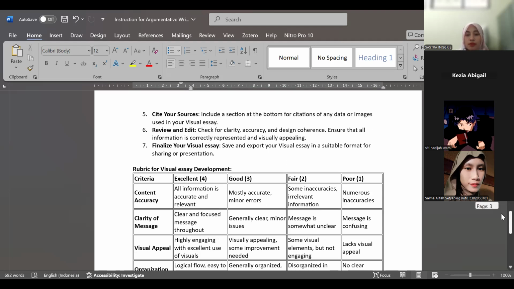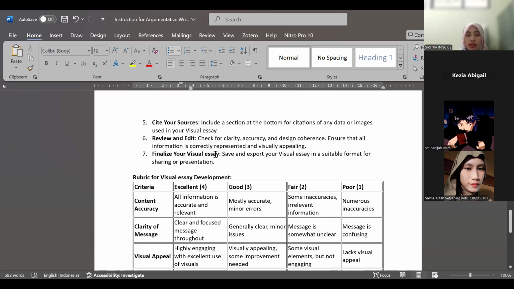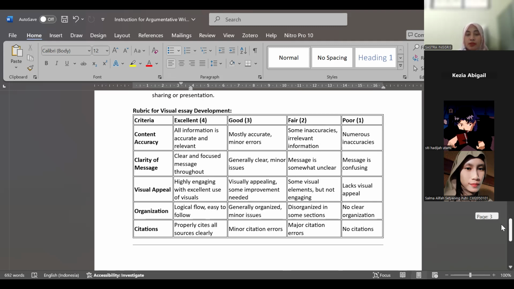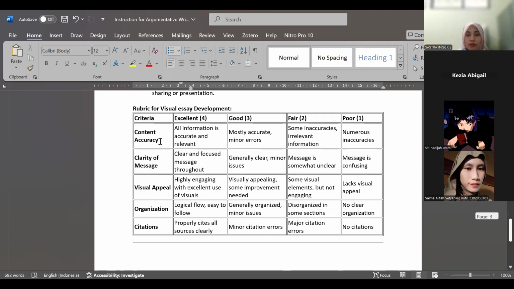The last stage is review and edit. Again, we're going to review your visual essay, and then you can revise or edit, and then finalize your visual essay.